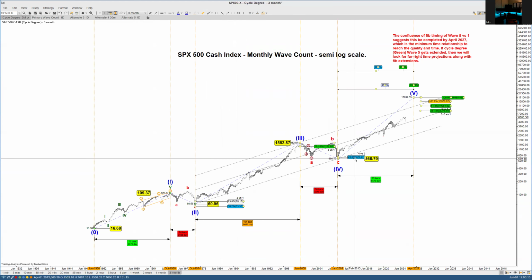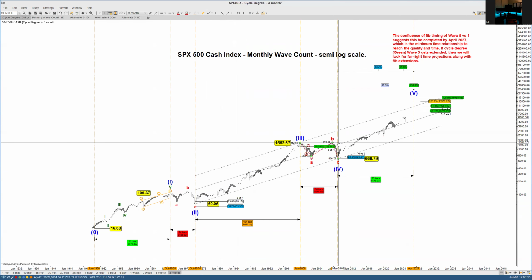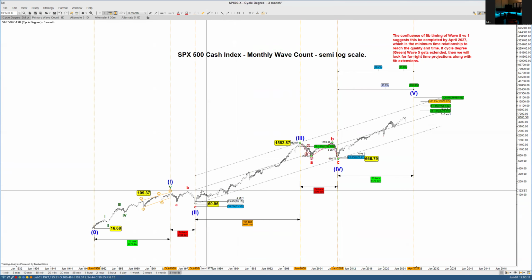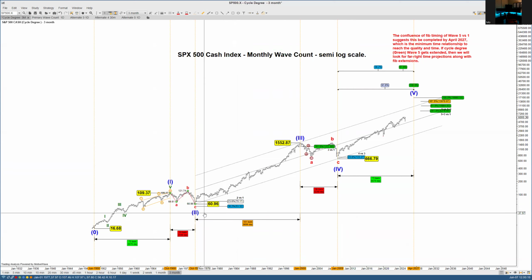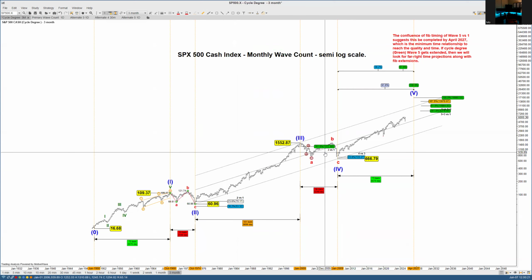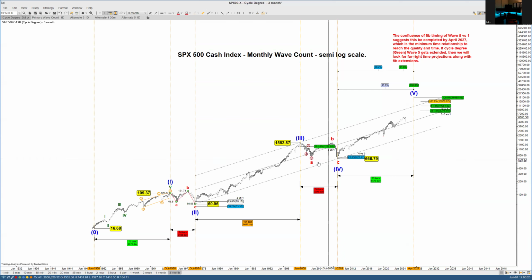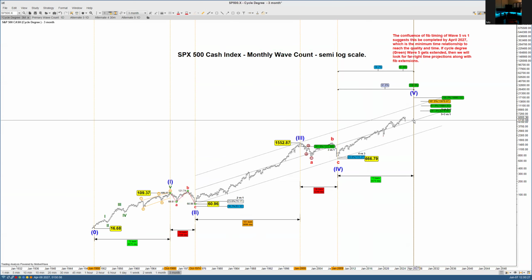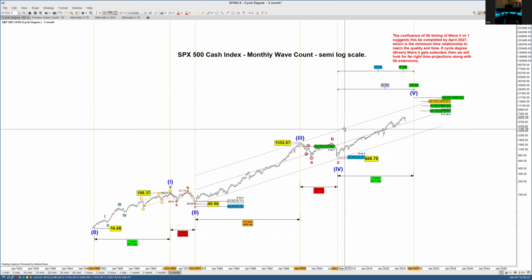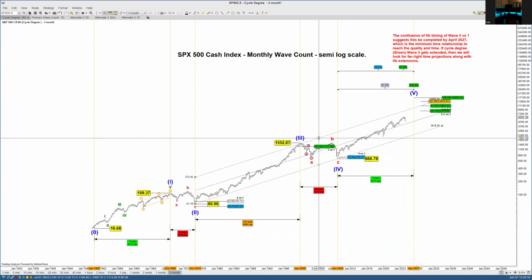Here's your fourth wave, 23.6, a flat. This is a flat. Flat and a flat. Motive wave, motive wave, motive wave. This market has a lot of upside.